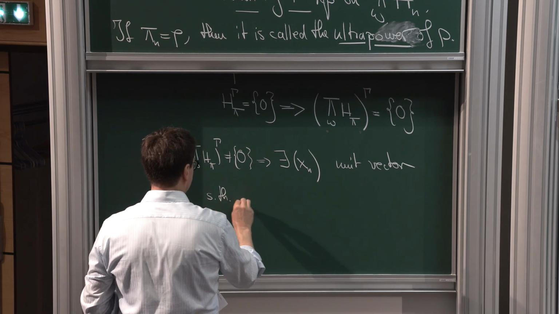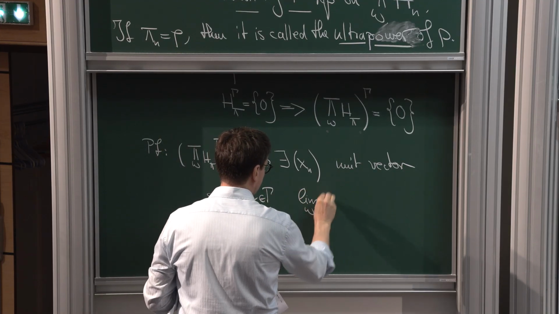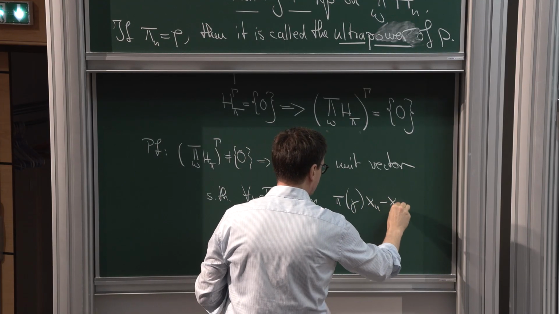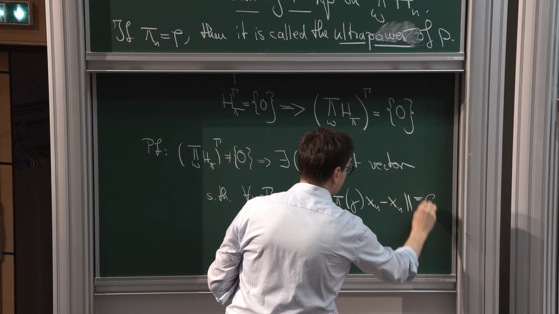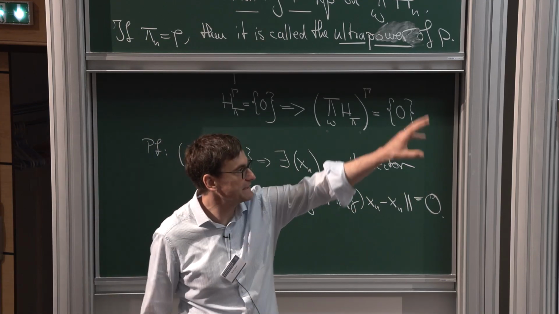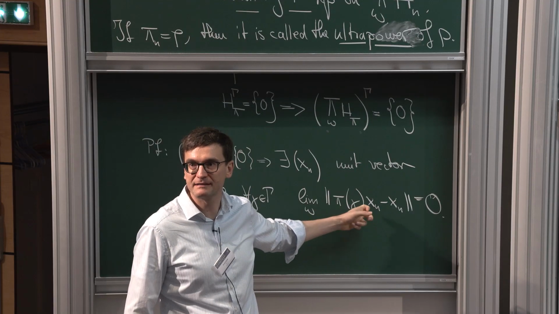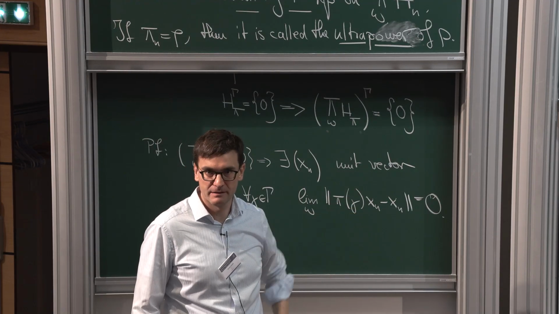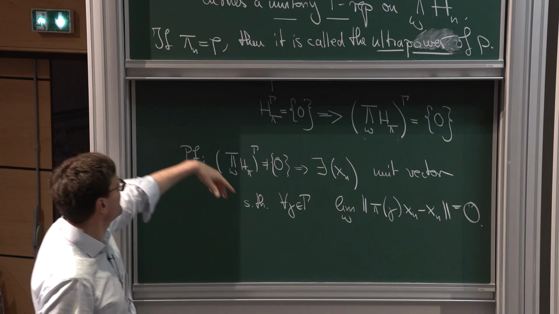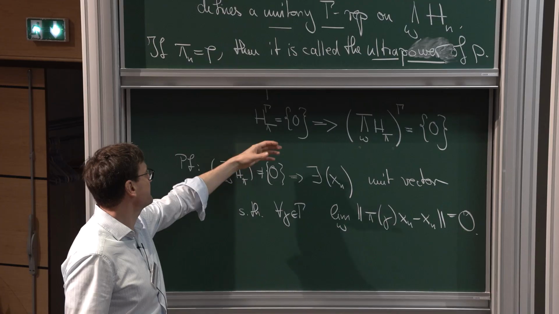but in particular, my ultrafilter selected me a subsequence. I get a subsequence of vectors that are almost invariant, that constitutes an almost invariant vector. And then property T tells me, if I have such an almost invariant vector, then I have in my original representation an invariant vector, which I don't have.